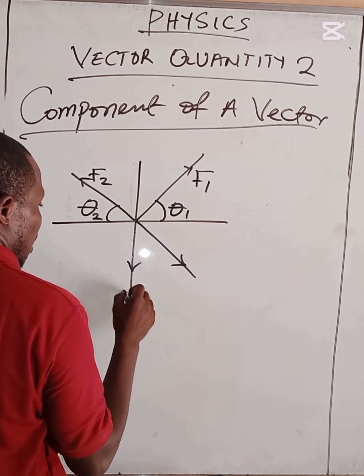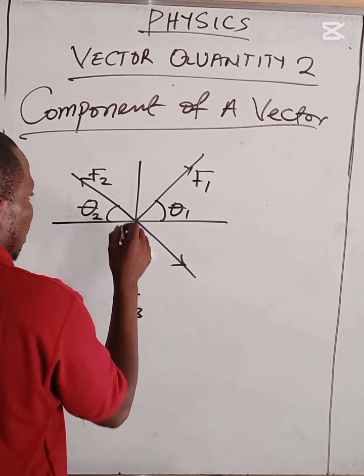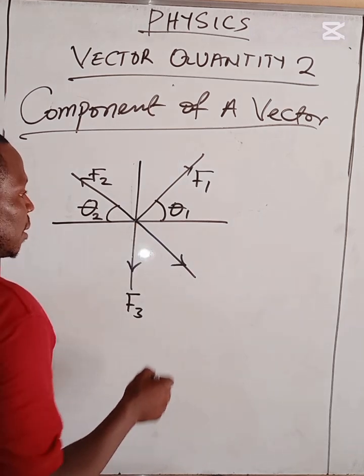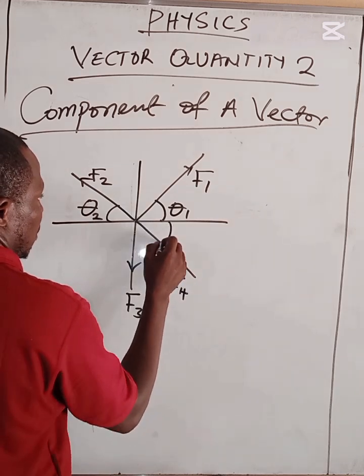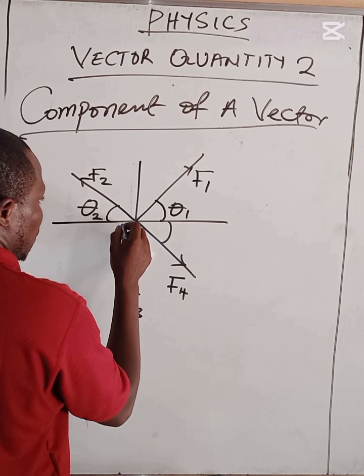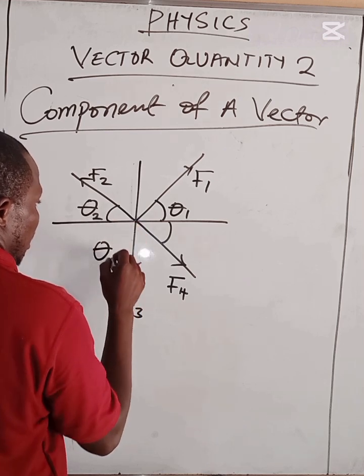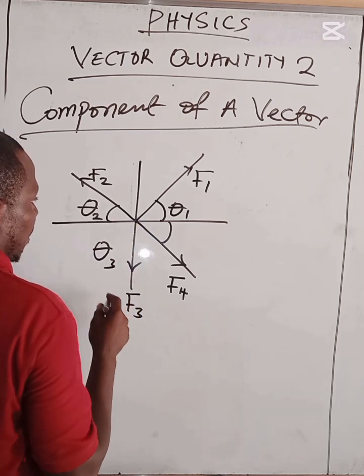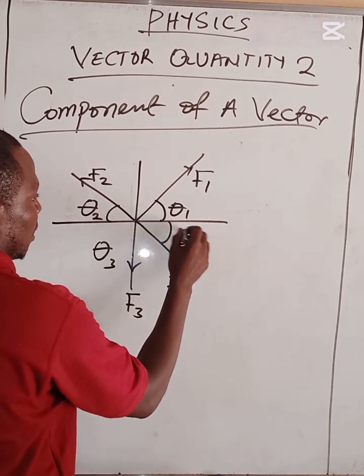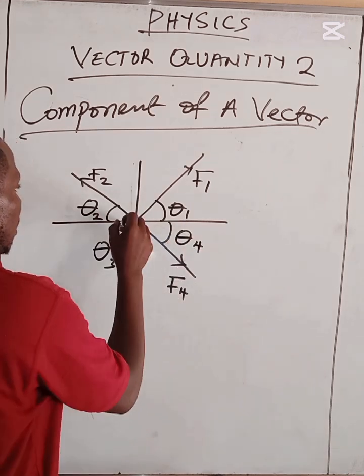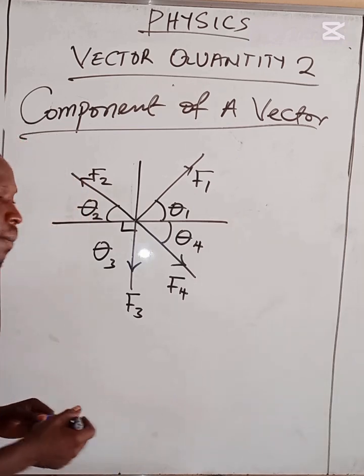Call this F3, the angle with the horizontal is 90. Call this one F4, the angle with the horizontal here, let me call it theta 3. Then I can call this theta 4.